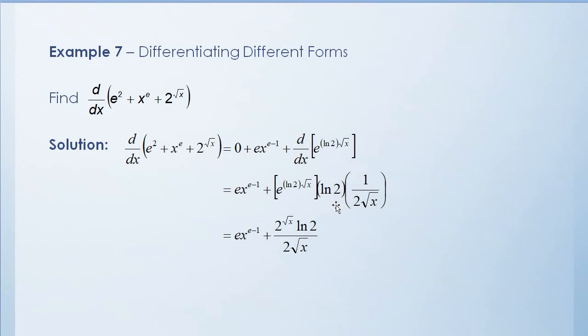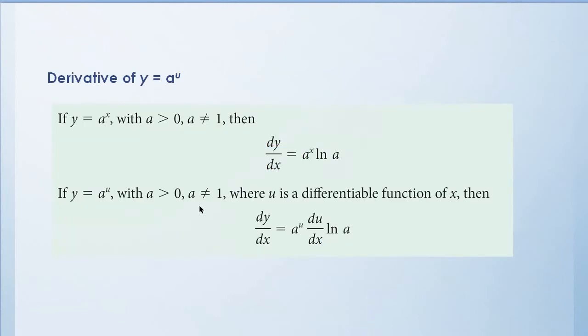Then ln a, which is ln 2, then du dx is, we differentiate this one. So we differentiate, we get 1 divide 2 square root x. Therefore, we will get exponential x power exponential minus 1 plus 2 power square root x ln 2 divide 2 square root x.